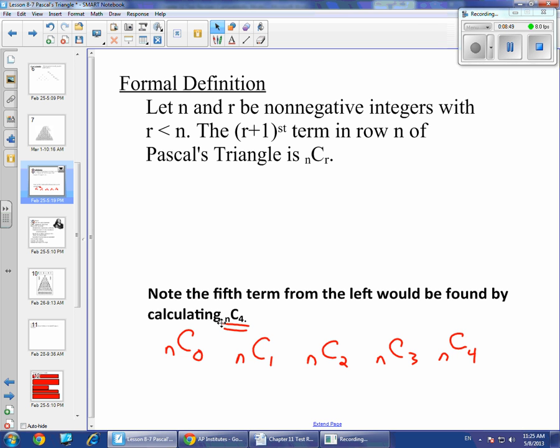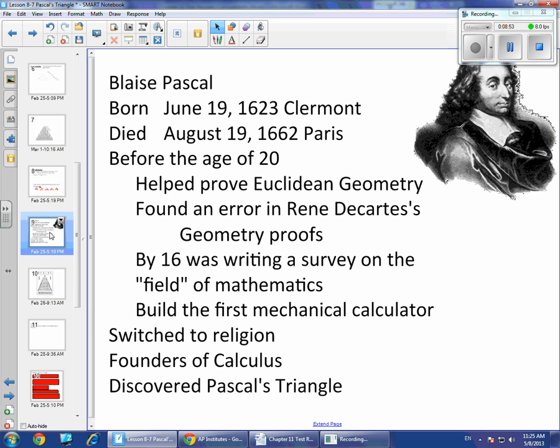Now, the guy who originally published and discussed Pascal's triangle, or the main guy, his name was Pascal. His first name was Blaise, like an American gladiator. He was born in 1623, died in 1662, and he did all of this stuff before the age of 20.